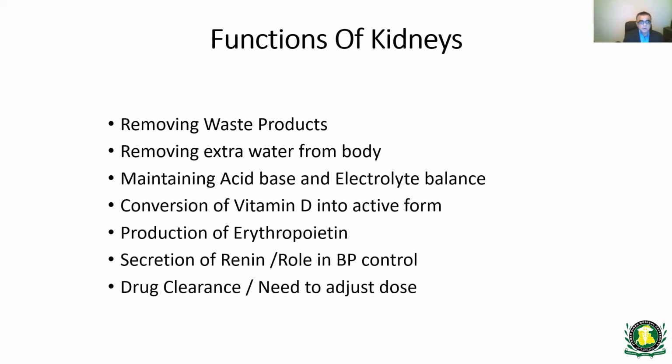And these are all, again, board type questions. Next, kidneys produce erythropoietin, which is normally produced by the interstitial fibroblast cells in the renal cortex, located in very close proximity to the tubular epithelial cells and peritubular capillaries.